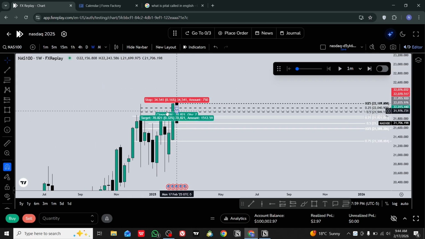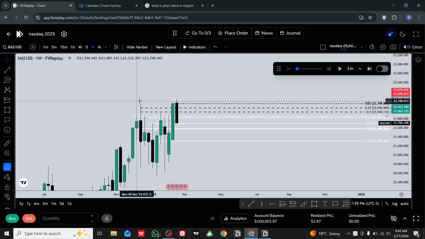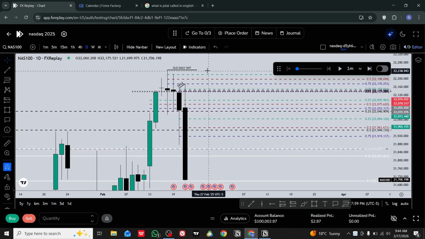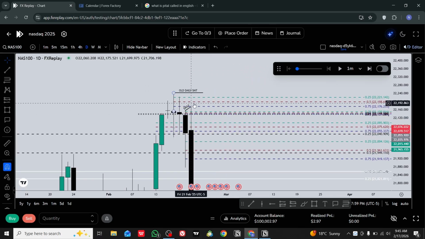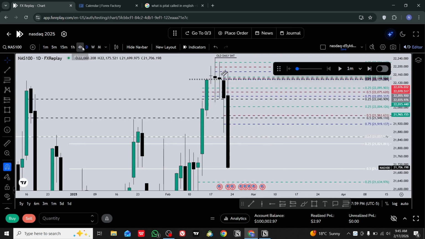And this is the highest monthly wick of all of them. And on daily, there was a daily SMT formed, and this was the upper quarter. It touched the upper quarter of the daily premium, and then respected this and started expanding lower, like crashing to the downside.